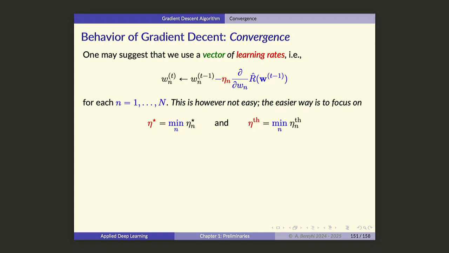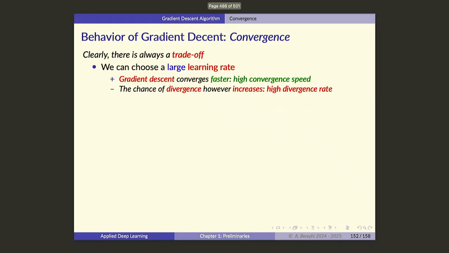Everybody's clear? Questions? So right now, the only thing that I want to give you is the idea that the learning rate is the most crucial thing in this algorithm, which is going to make your algorithm converge or diverge. One thing that we can conclude out of it is that there is some sort of threshold here.